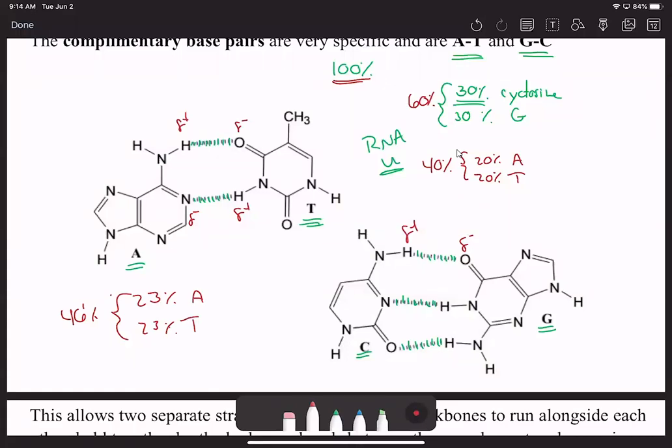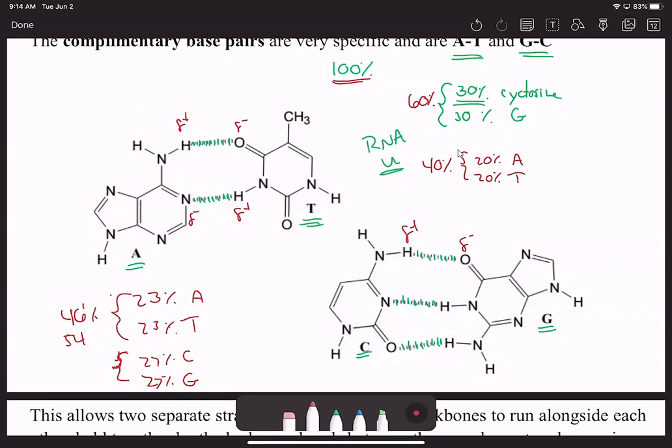Well, I'm going to need 54% of cytosine and guanine. So cytosine and guanine, 27% cytosine, 27% guanine. 46.